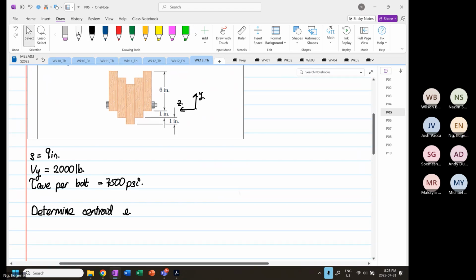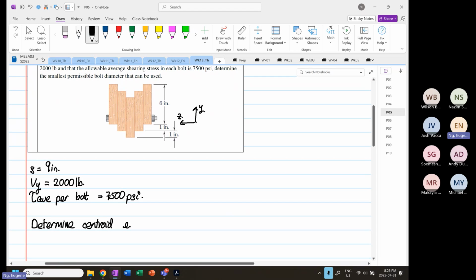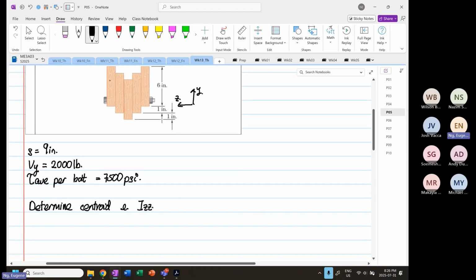And I think once we determine our centroid, Izz should be straightforward. I hope. Okay, I can be wrong. So I'm going to call this 1, 2, 3, 4, 5.